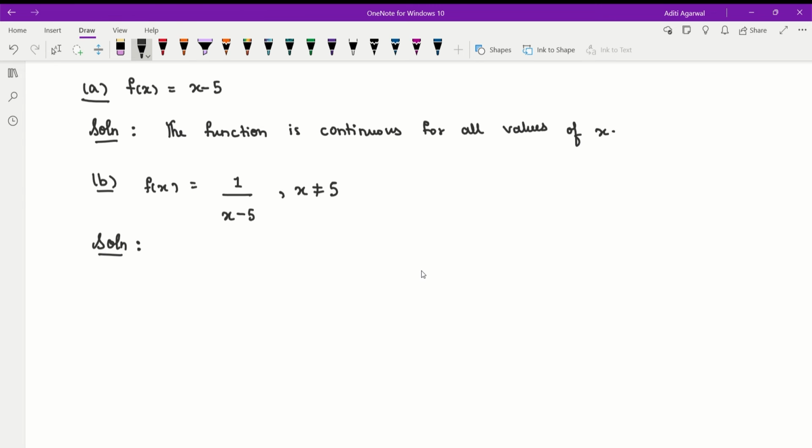So the problematic point here is x equals 5, x की वैल्यू 5 नहीं होनी चाहिए, लेकिन क्वेश्चन में एक चीज और मेंशन्ड है कि x is not equal to 5. It means x is equal to 5 वाली वैल्यू को उन्होंने डोमेन से ही हटा दिया. So because the problematic point is not in the domain, the function is again continuous for all the values of x.